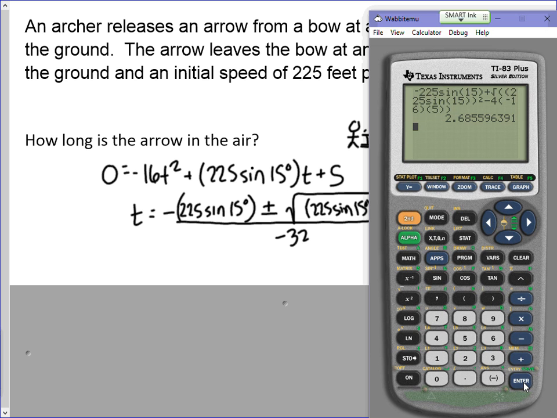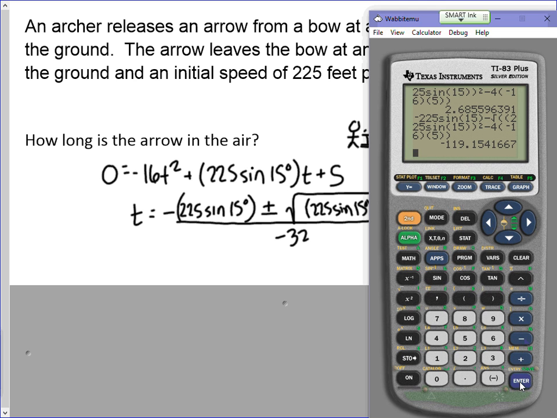Now, if I divide that by negative 32, what kind of answer am I going to get for t? A negative number, is that the number that we want? No. So I'll be able to just second enter, and I want to go back up here to the opposite of b. Instead of plus, I want to do minus. So I'm going to change that to a minus.